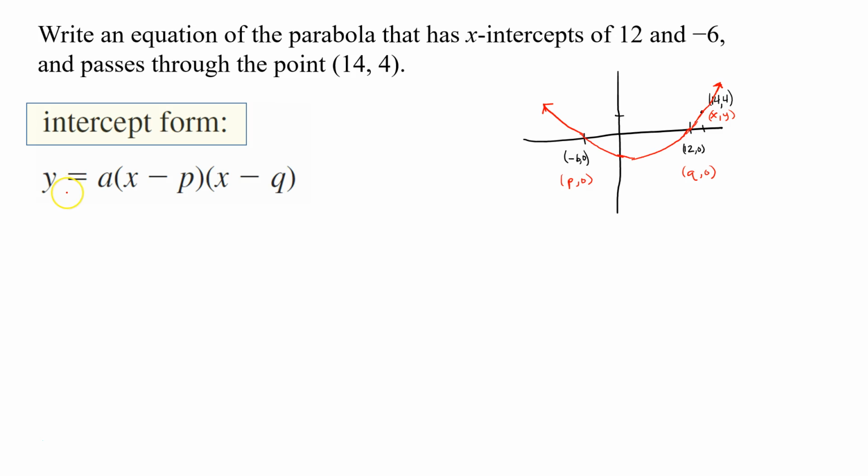So let's do it. My y value is 4. My x value is 14 minus p, so minus negative 6. Subtracting a negative is the same as adding, so that turns into 14 plus 6. X is still 14 minus q. Q is 12.